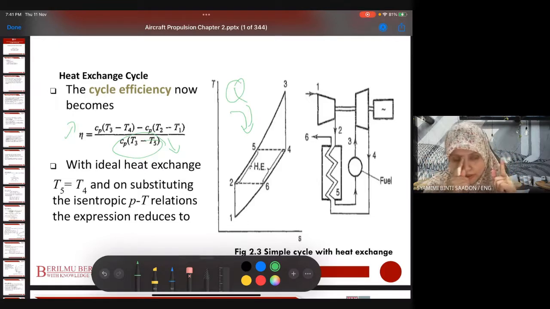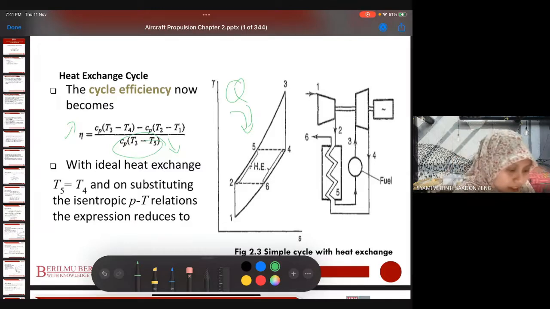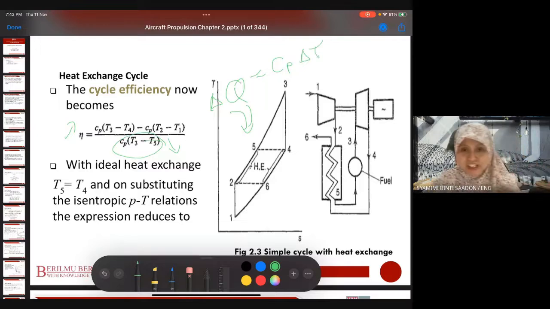So if you look at the cycle efficiency just now, the heat supply, Q is equal to delta Q is equal to CP delta T, the change of the temperature, the difference of the temperature at the outlet and inlet of the combustion chamber, 3 to 2, T3 minus T2, right?